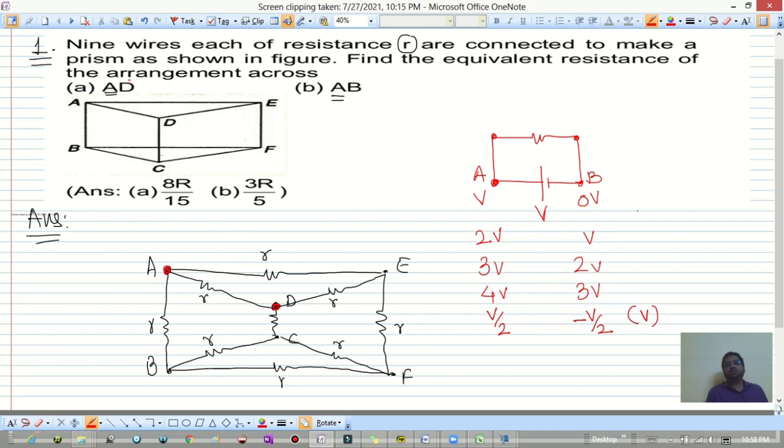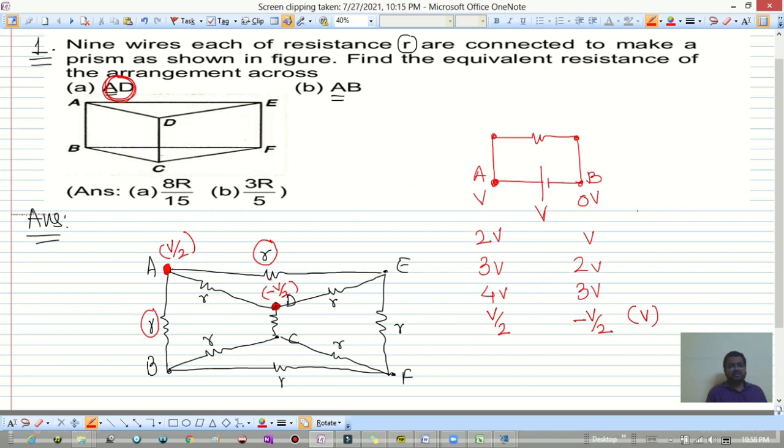Now, I have to apply the voltage across AD. Why? Because we want the equivalent resistance across AD. Then, if I apply voltage V, I will consider this as V by 2 and this as minus V by 2. Now, this V by 2, as one resistance is R over here and another resistance is R over here.